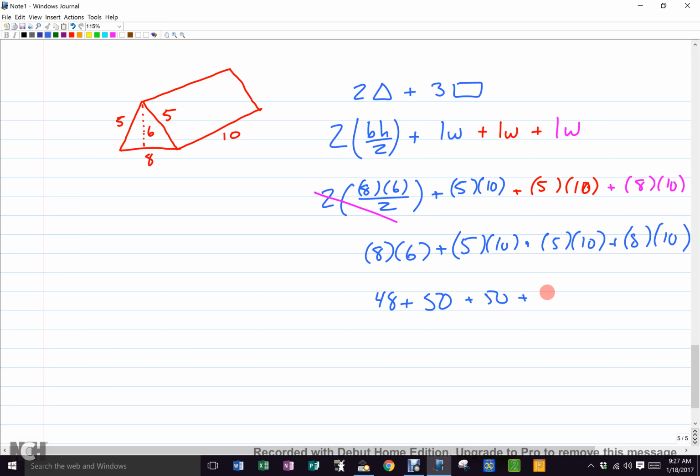Plus 8 times 10. And it is 148 plus 80. 228. That's difficult. It is, because it's all just the shapes you know, isn't it?